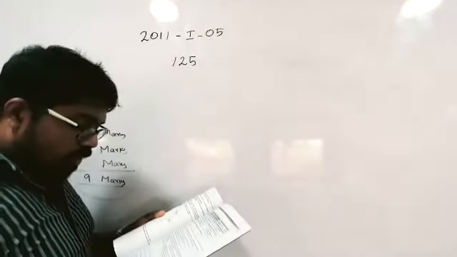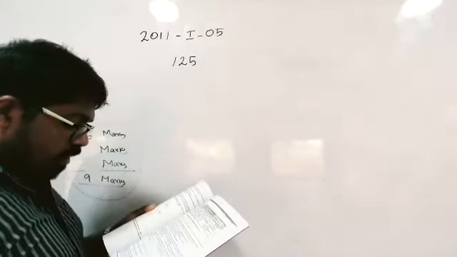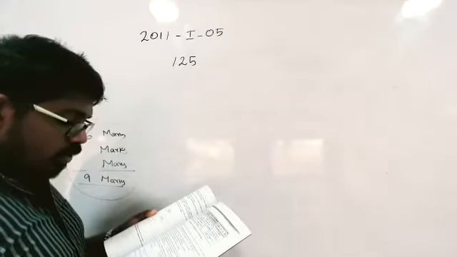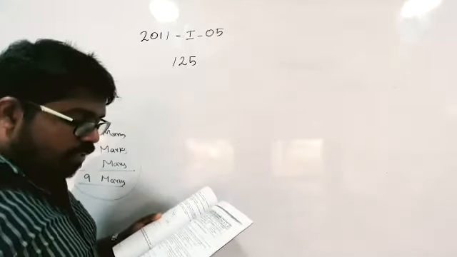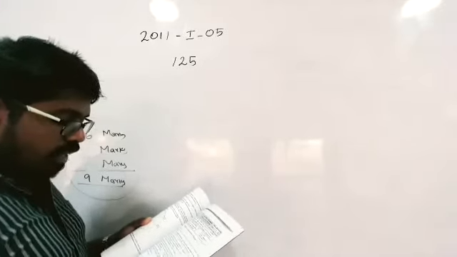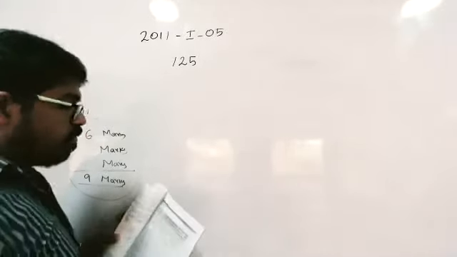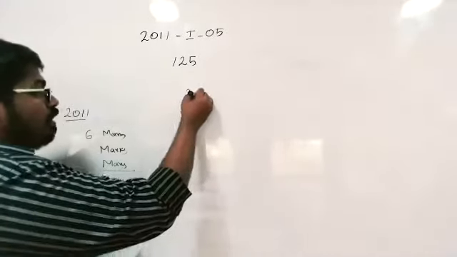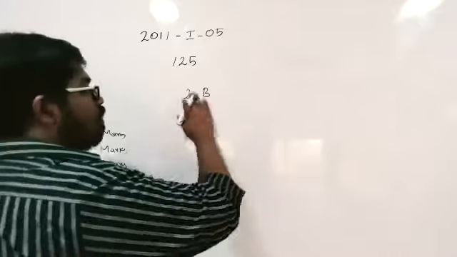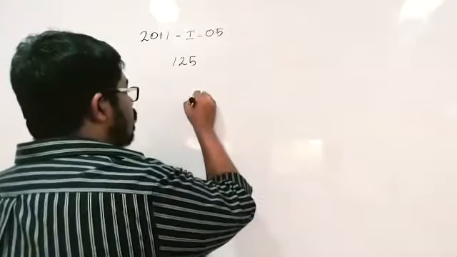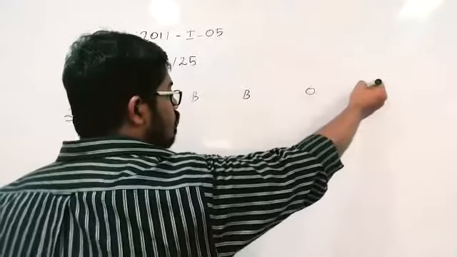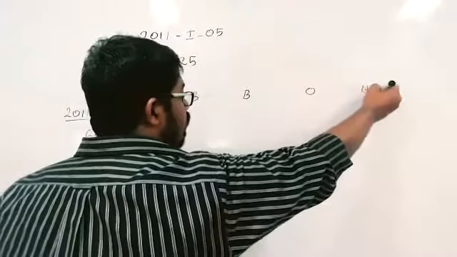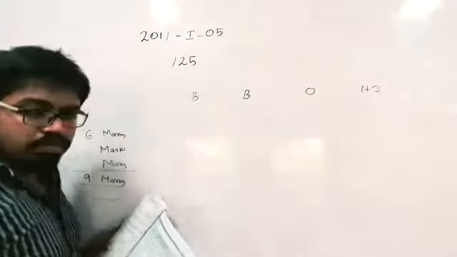Before you proceed, you can see there are two binary answers, one octal answer, one hexadecimal answer. Right? So two binary answers. First one is a binary answer, second one is a binary answer, third one is octal, fourth one is hexadecimal.